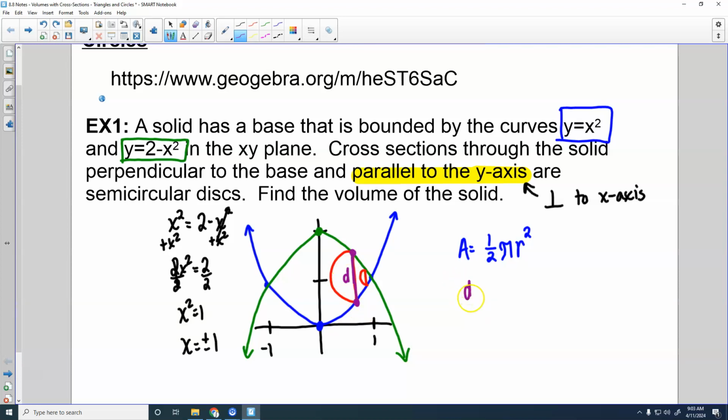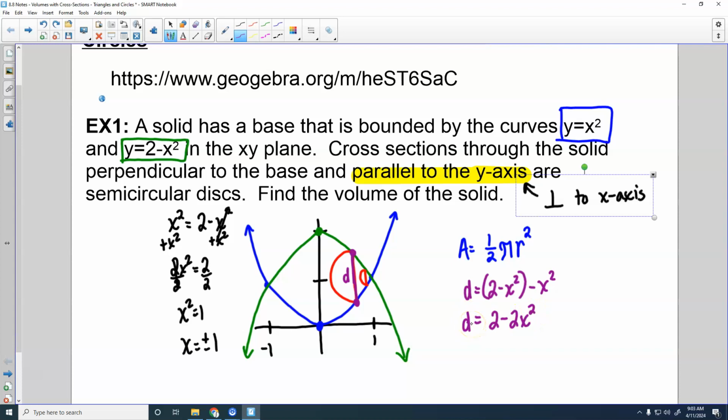So our diameter we're looking for here would be the top function minus the bottom function. The top function is the green function, which is 2 minus x squared. And then the blue function is the bottom function here, which is x squared. If I simplify that a little bit, it is just going to be 2 minus 2x squared.